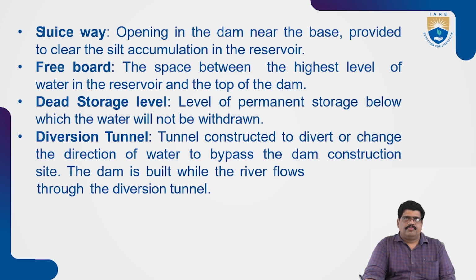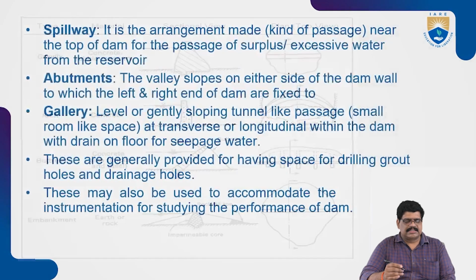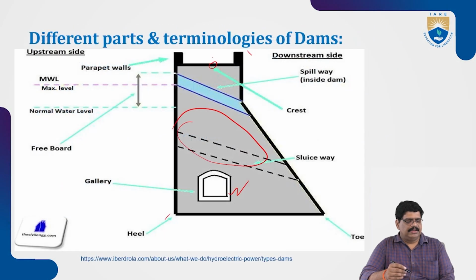Next, freeboard. Freeboard is the spacing between the MWL, the maximum water level of the reservoir, and the top of the dam. Let us see in the diagram, you can understand easily what is meant by freeboard.